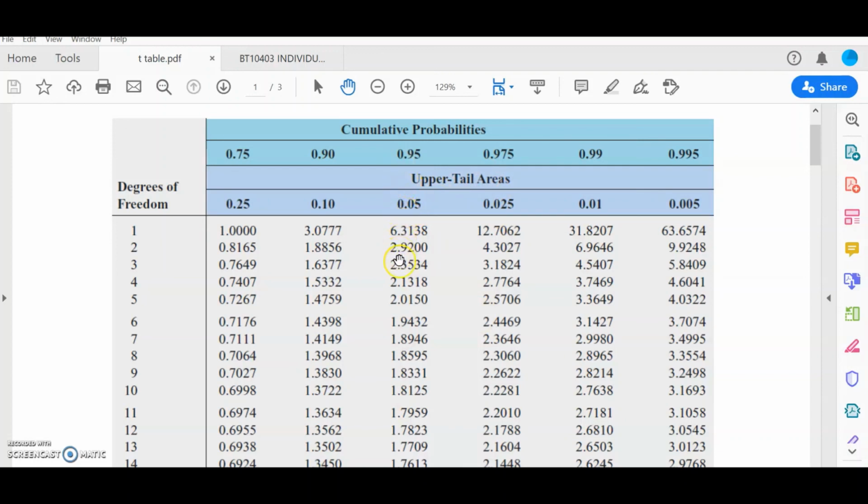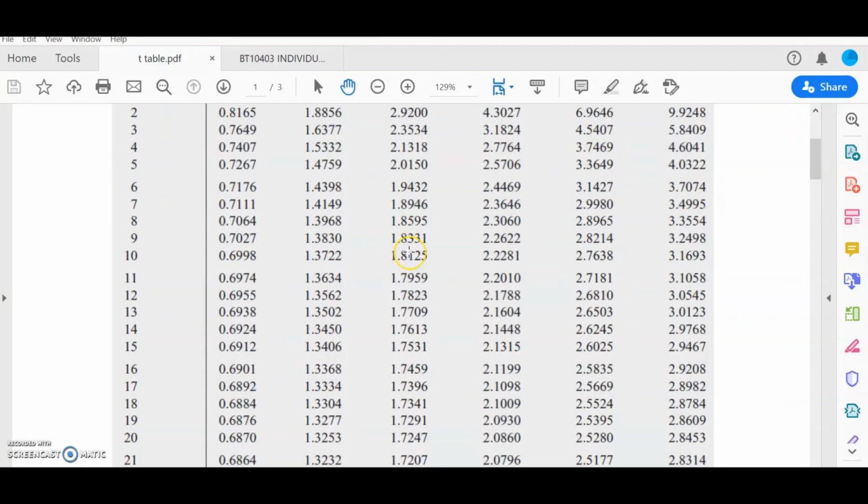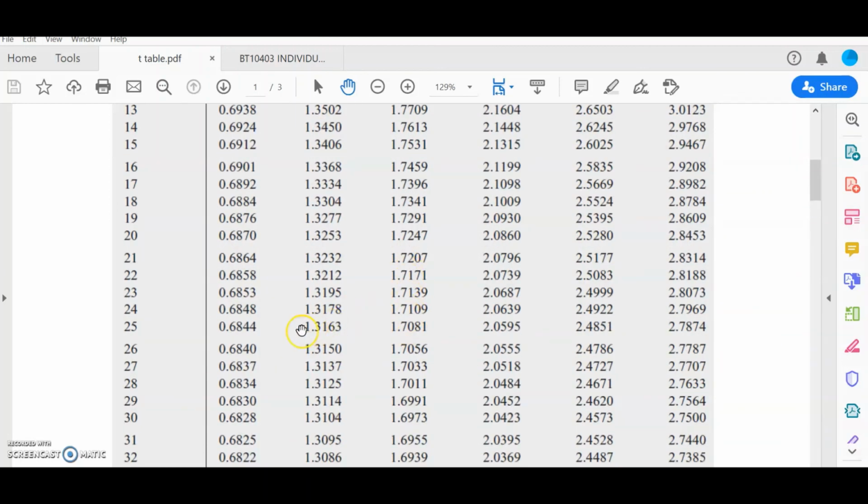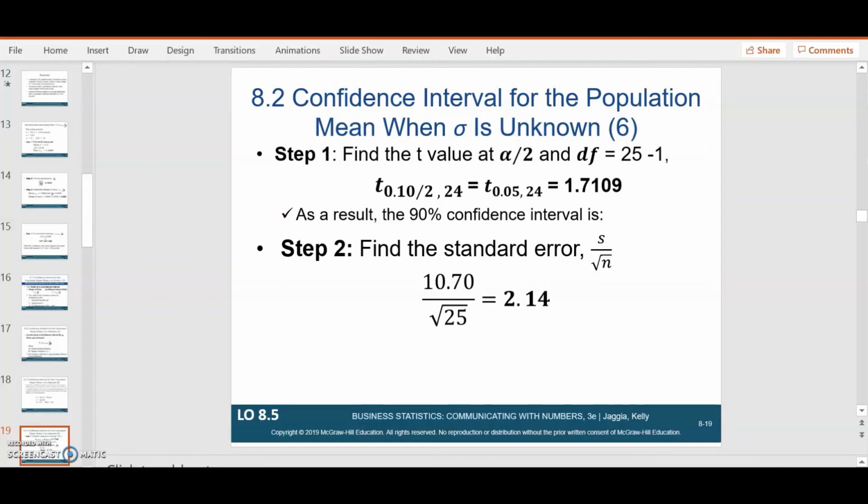So this will become the column that we have to refer to in order to determine the t value of our estimation. So here the degrees of freedom is equal to 24 and our significance level is equal to 5%. Thus, our t value is equal to 1.7109. So that is how we obtain this figure over here.